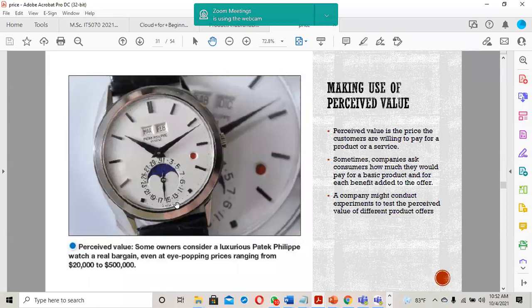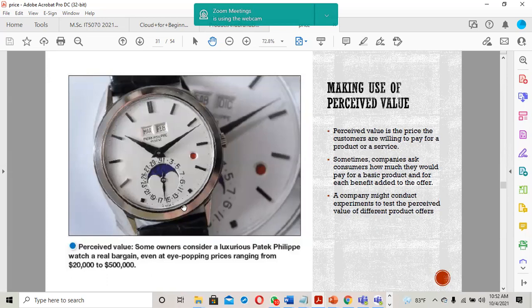Cost is internal. Cost is all about how much money the company had to spend in order to create that product. But if the customer has a much higher value in his or her mind, if the customer thinks that this product is worth much more than that, then we can of course sell it at a higher price. So it all depends on the perceived value.